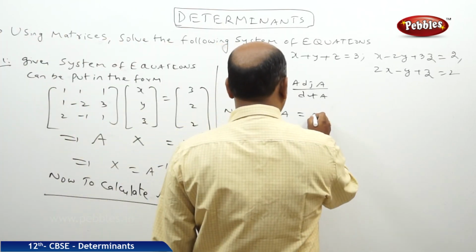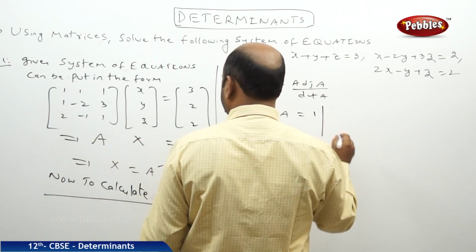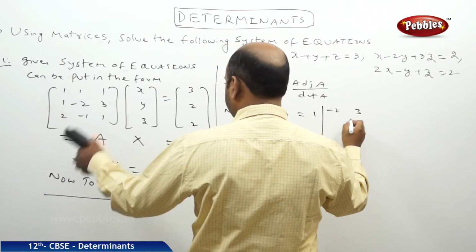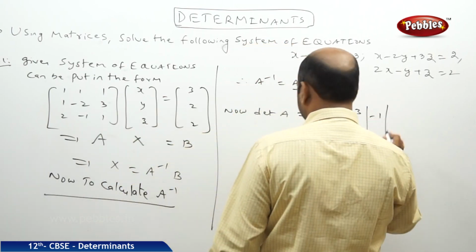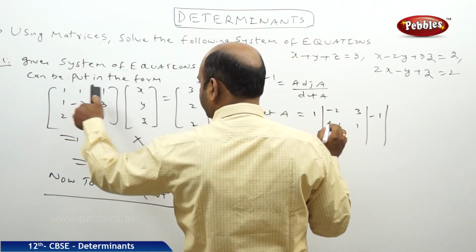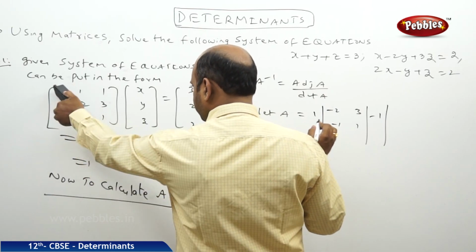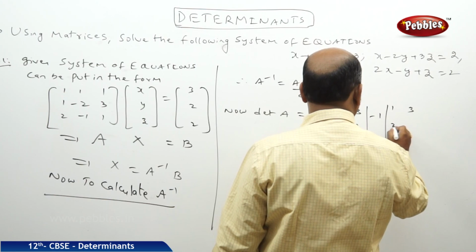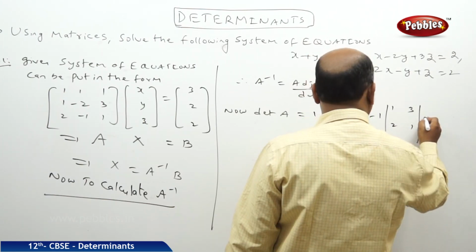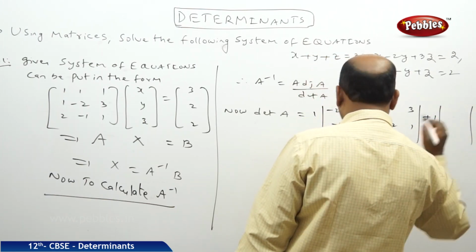But now I will be finding out det A. Det A, how can I find out? 1 into its minor, minus 2, 3, minus 1, 1, minus of 1 into its minor. Its minor means we need to delete this column and this row, and the remaining thing is 1 3, 2 1, and later plus 1 into its minor.